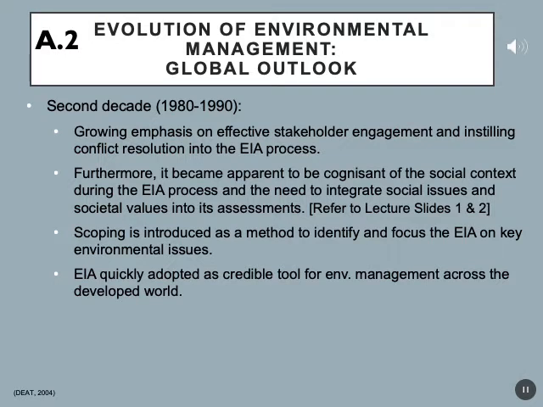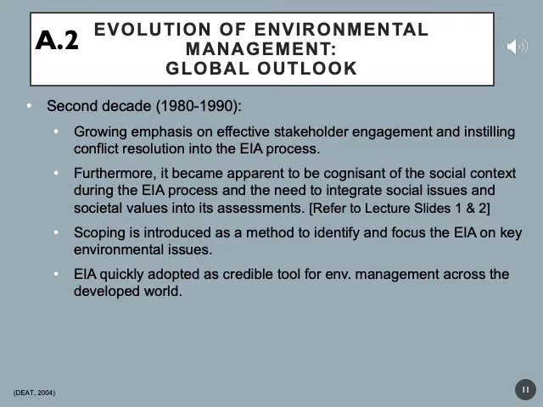During the second decade, the 1980s to 1990, there was a growing emphasis on effective stakeholder engagement and instilling conflict resolution into the EIA process. Furthermore, it became apparent to be very cognizant of the social context during the EIA process and the need to integrate social issues and societal values into its assessments.